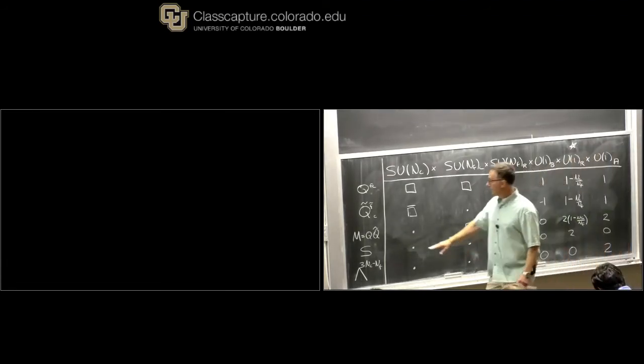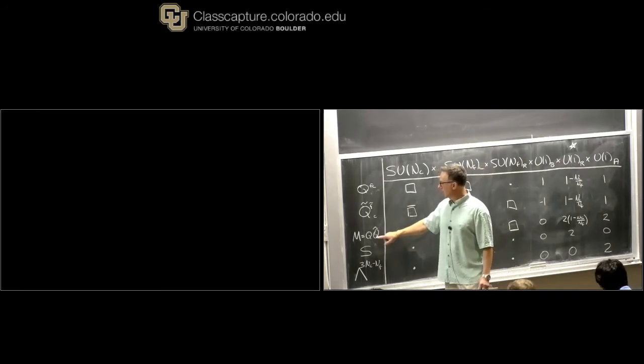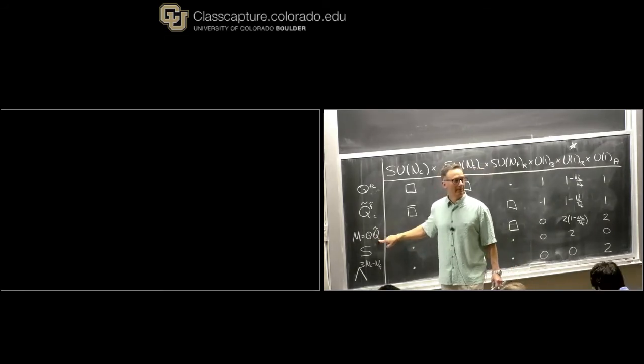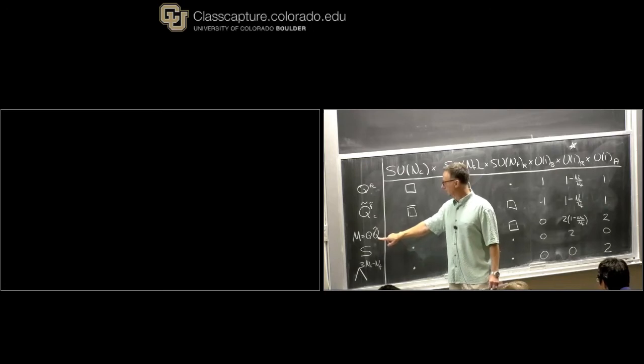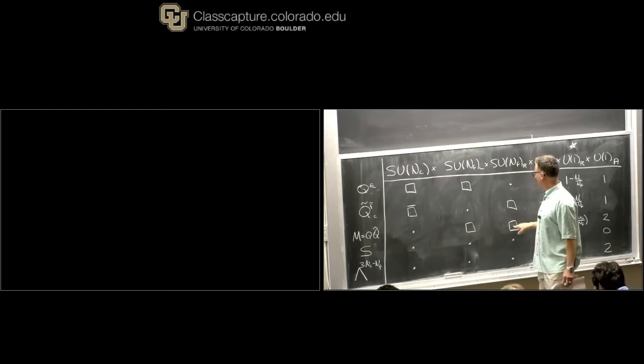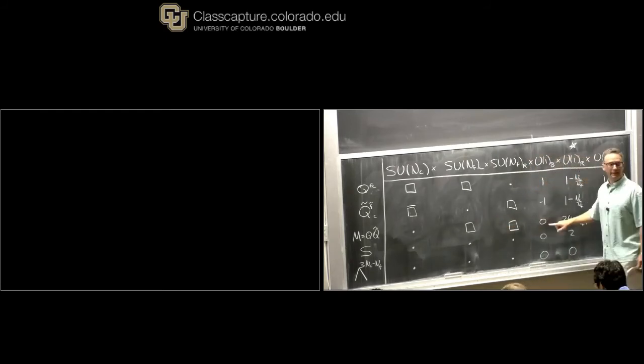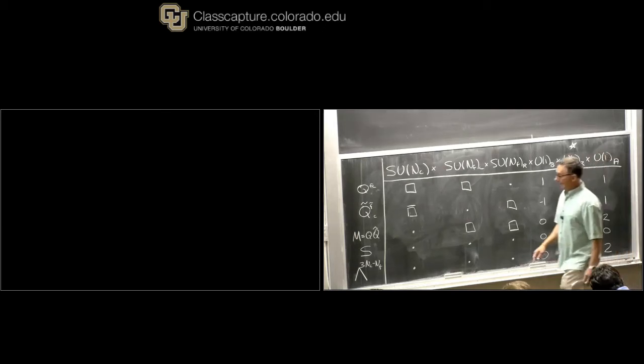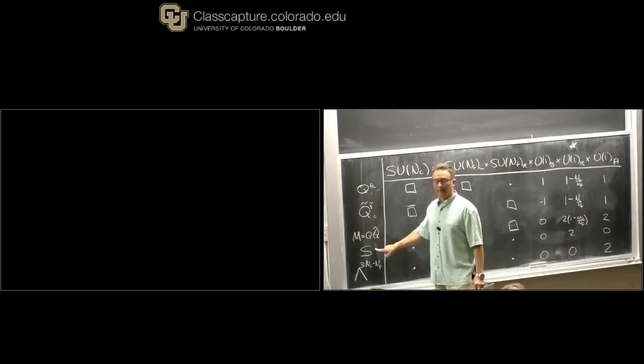Now we could look at gauge invariant operators, and so we could form, for instance, mesons by making Q and Q tilde composites. So this is a meson. It's gauge invariant. I just add the different flavor charges. So I'm just adding the charges of Q and Q tilde. This S is a glueball superfield.